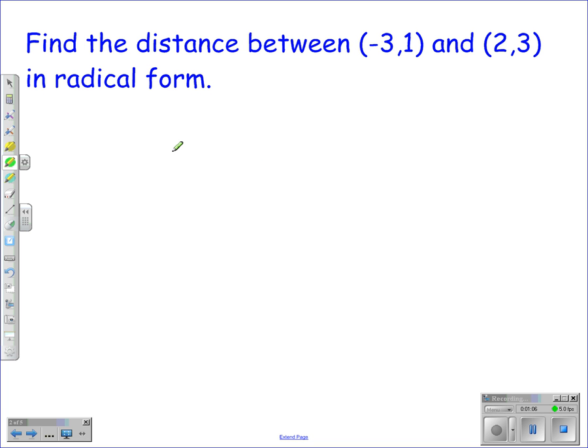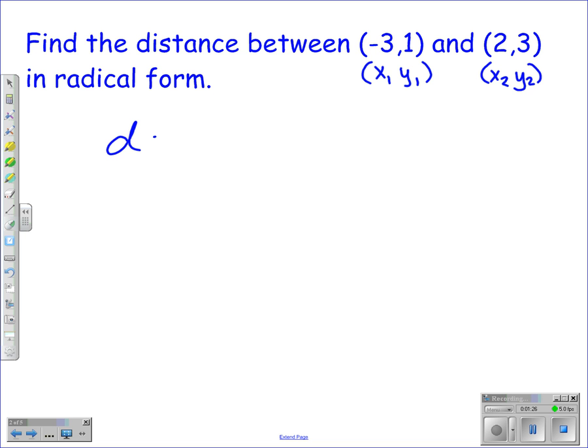Let's go through and use this formula. I have 2 points up here. Let's let this one be x1, y1, and we'll let this one be x2, y2. It truly does not matter which one is which as long as you have both of them with the same subscripts.